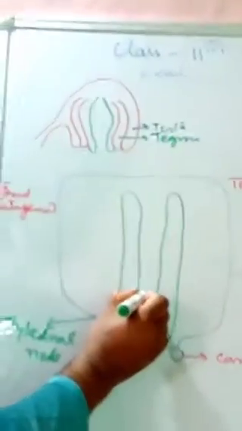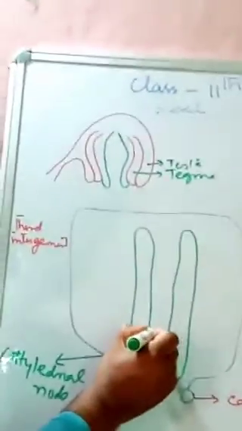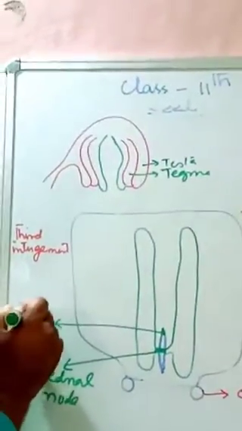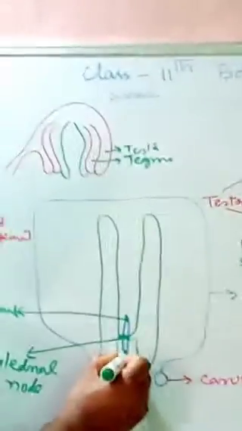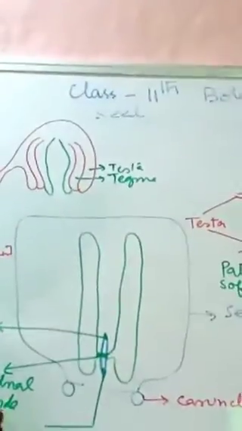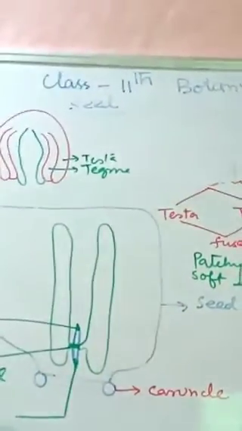Now this part, which is present towards the chalazal end, gives rise to the plumule, and the part found towards the micropylar end gives rise to the radicle. The plumule gives rise to the stem, and the radicle gives rise to the root.